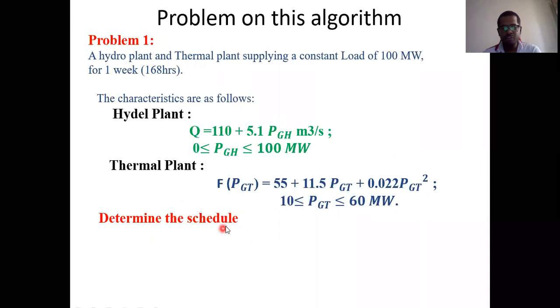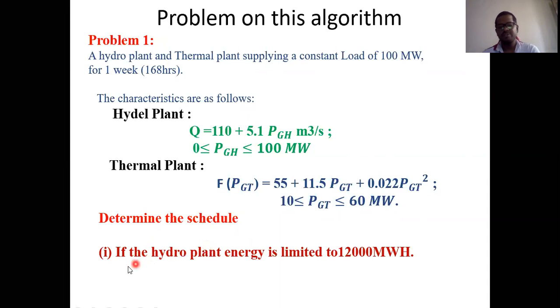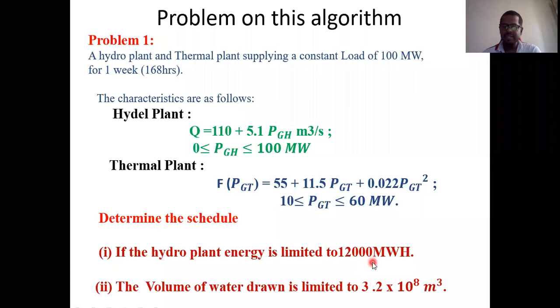In order to find this schedule, we need to consider some parameters. The first one is if the hydro plant energy is limited to 12,000 megawatt hour. Already they have given the hydro energy, which is nothing but 12,000 megawatt hour. This is the first case. And coming to the second case, the volume of water which is drawn is limited to 3.2 into 10 power 8 meter cube.